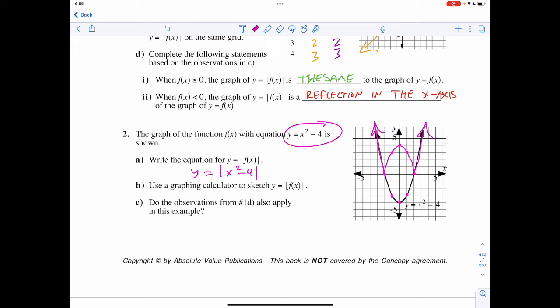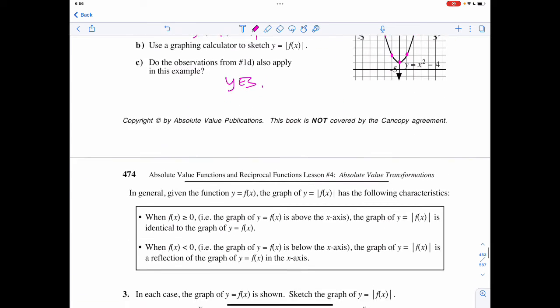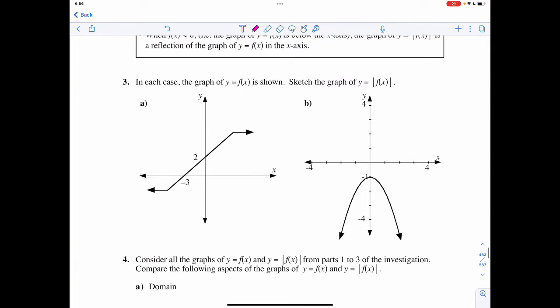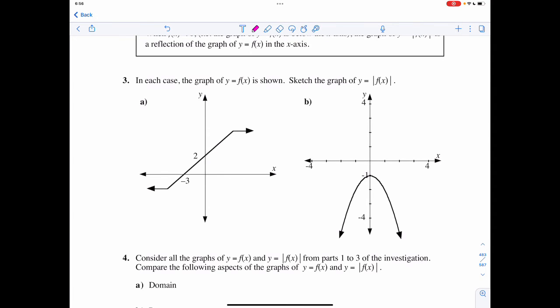Do the observations from the first case match? Yes. Any negative value becomes a reflection across the x-axis. So if that's true, then any function that I draw out for you, you could always do the same process.